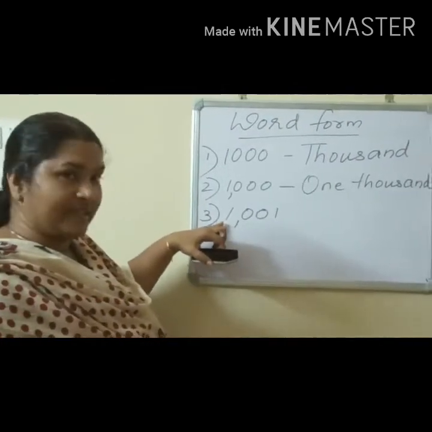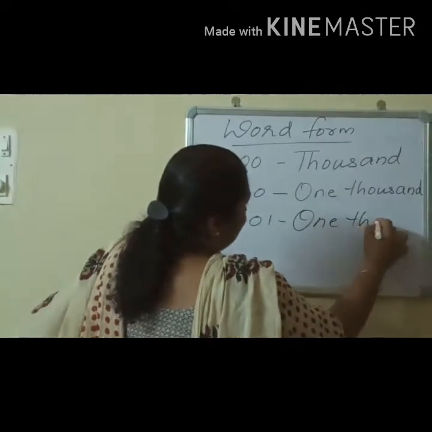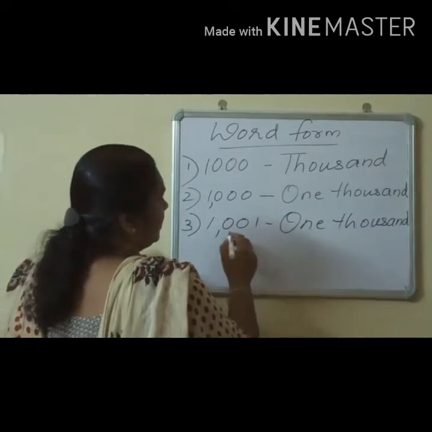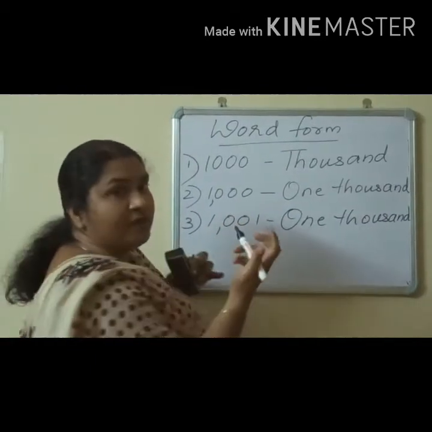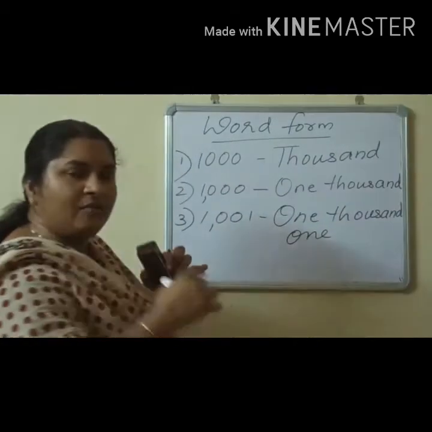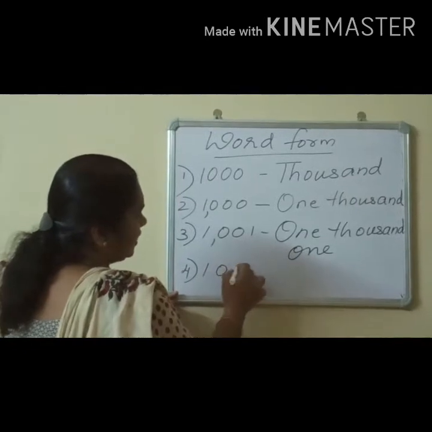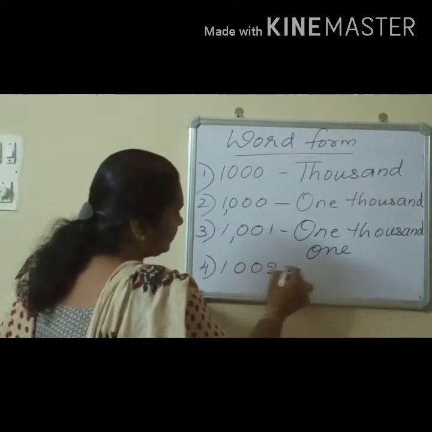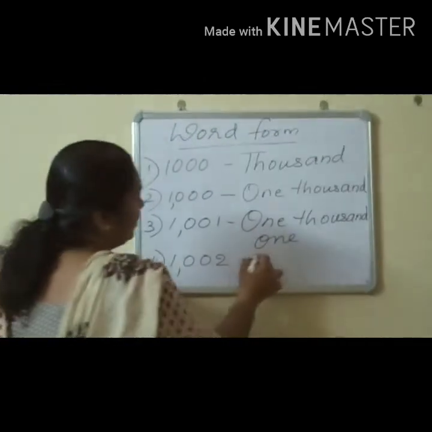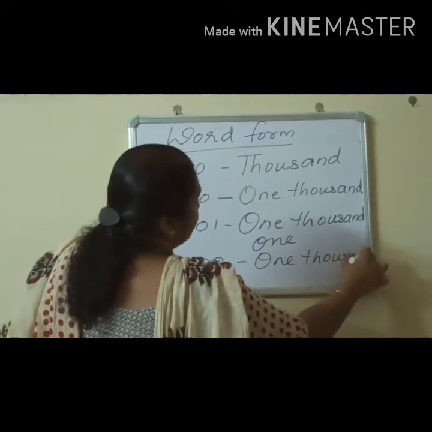How many thousands are there? 1000. What do we have here? 001 means what? 1. So 1,001. What's the next number? Try. 1,002. Ones, tens, hundreds, then comma. 1,002.